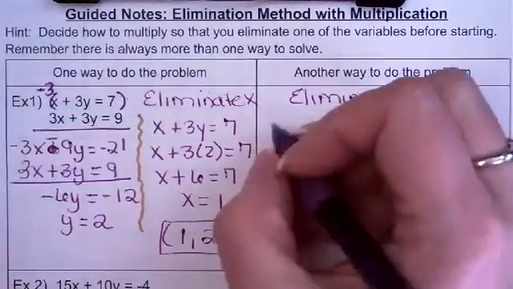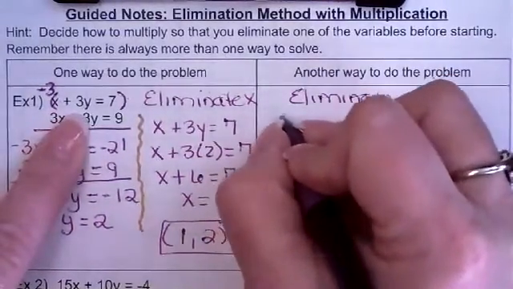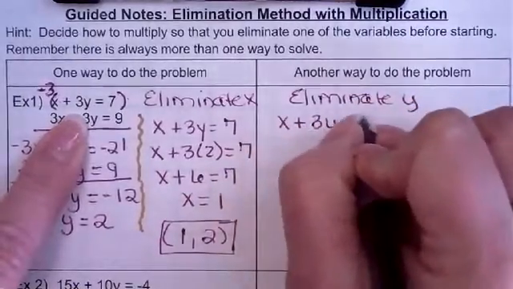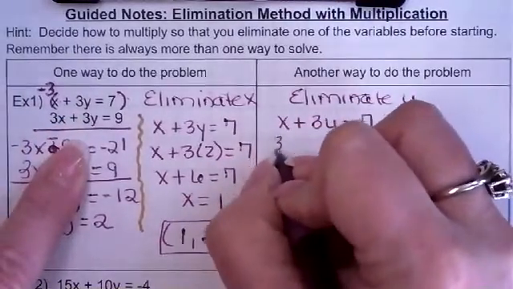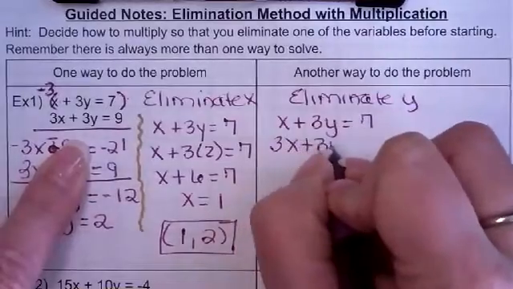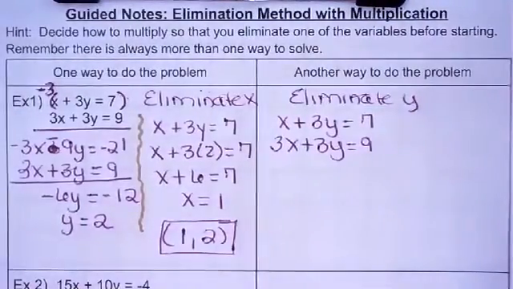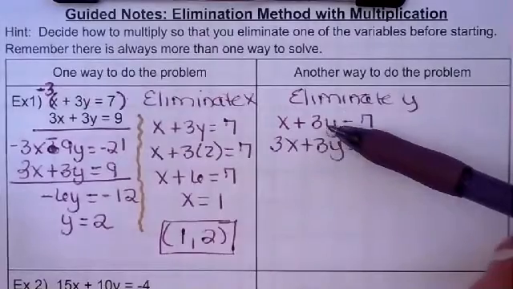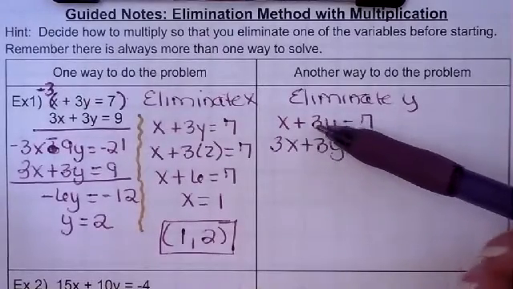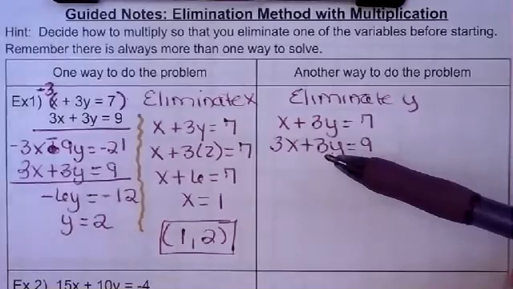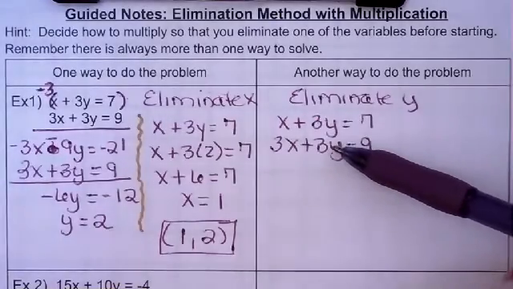Okay, so over here, I'm going to start with my equation again. x plus 3y equal to 7, and 3x plus 3y equal to 9. Now if I focus on my y's, I notice they are exactly the same, but I need one of them to be a plus and one of them to be a minus.